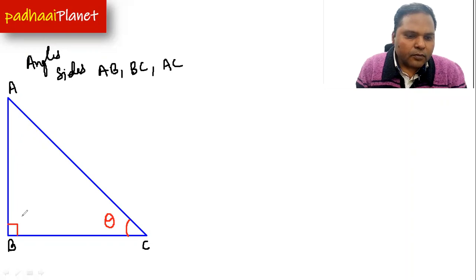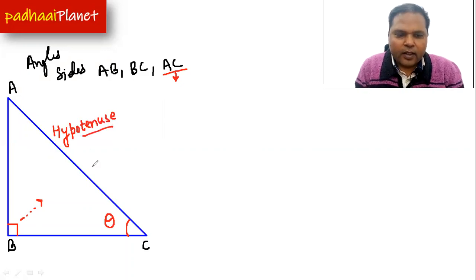We already understand that the side of the right angle triangle which is opposite to the 90 degrees, here AC, is called the hypotenuse of the triangle.